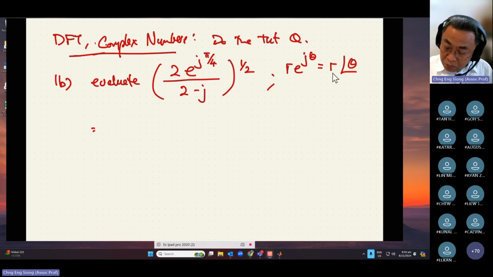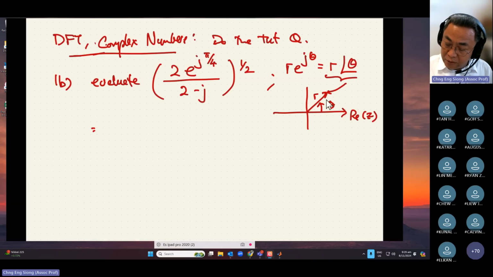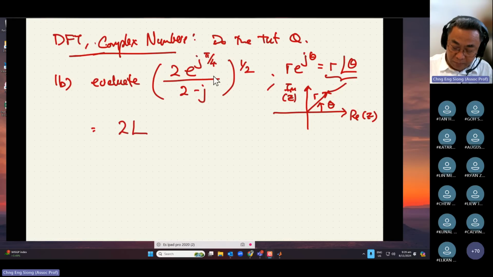Of course, by now you know this basically means this length is R, and this is θ, and this point here is the radius, the magnitude, with this angle θ. This is the real part of Z, and this is the imaginary part of Z. So revise your notations. Now we have 2 angle π over 4 for the top.